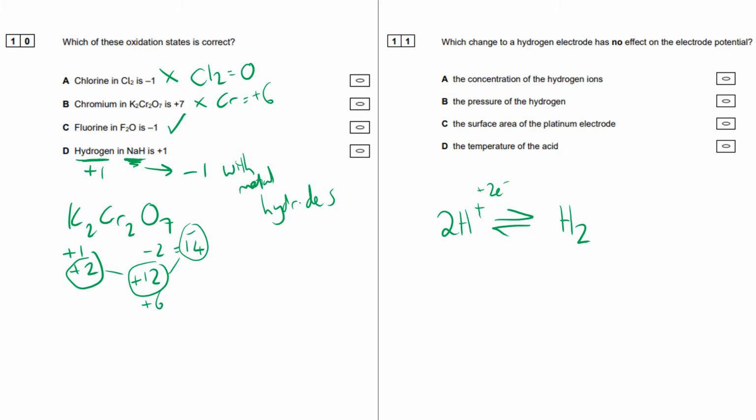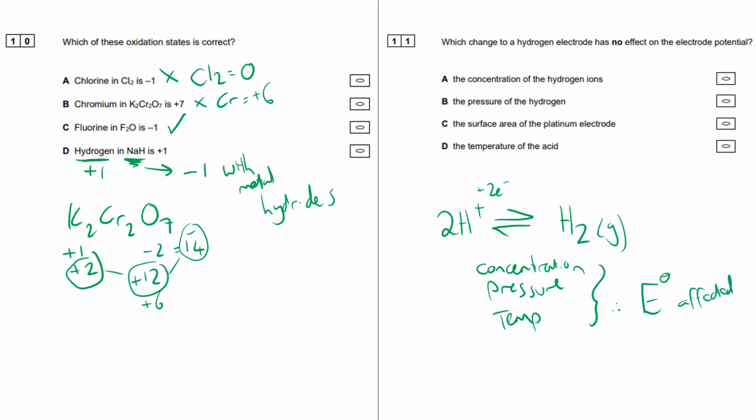So in order to shift the position of equilibrium, you can change any one of the concentration of H+, change the pressure because we have hydrogen gas, and you can change the temperature. Temperature affects the position of equilibrium. So these three things affect the position of equilibrium, therefore would affect the electrode potential.